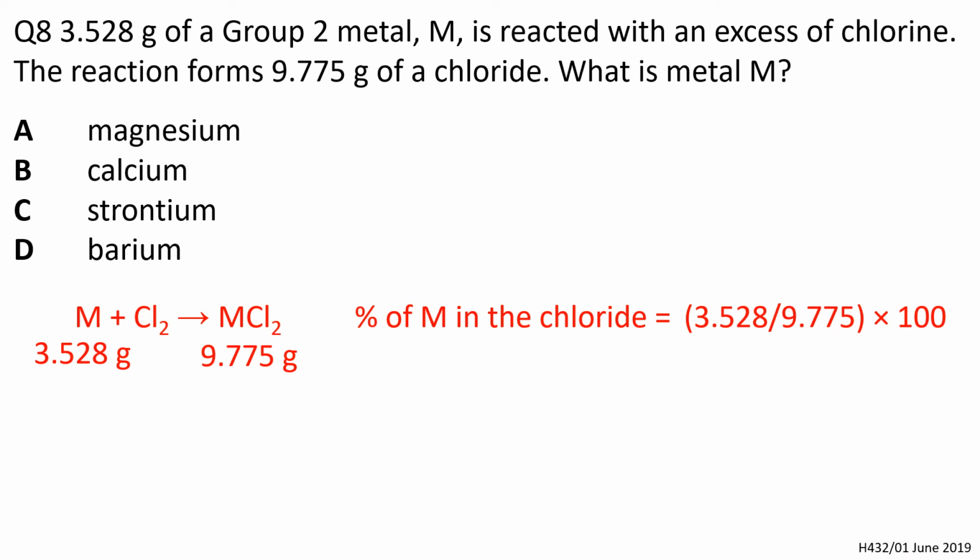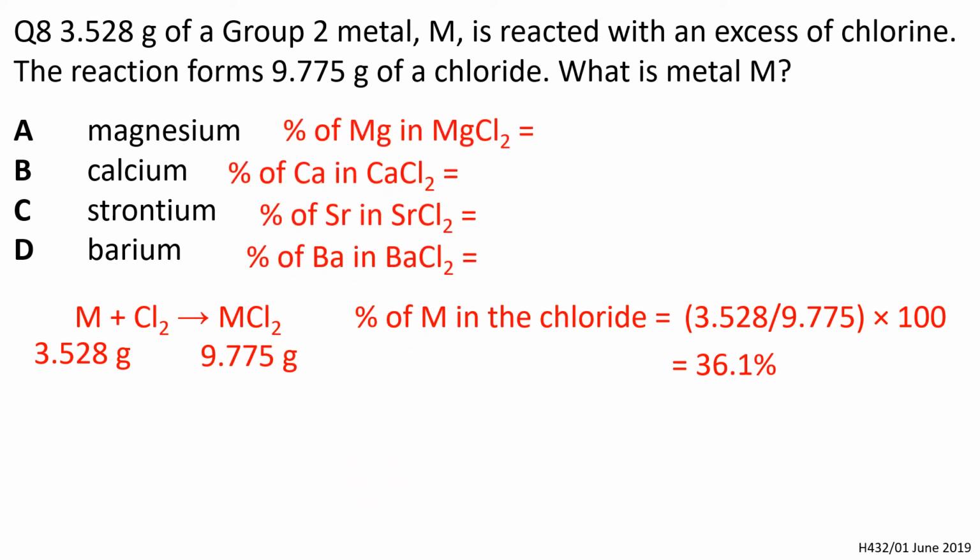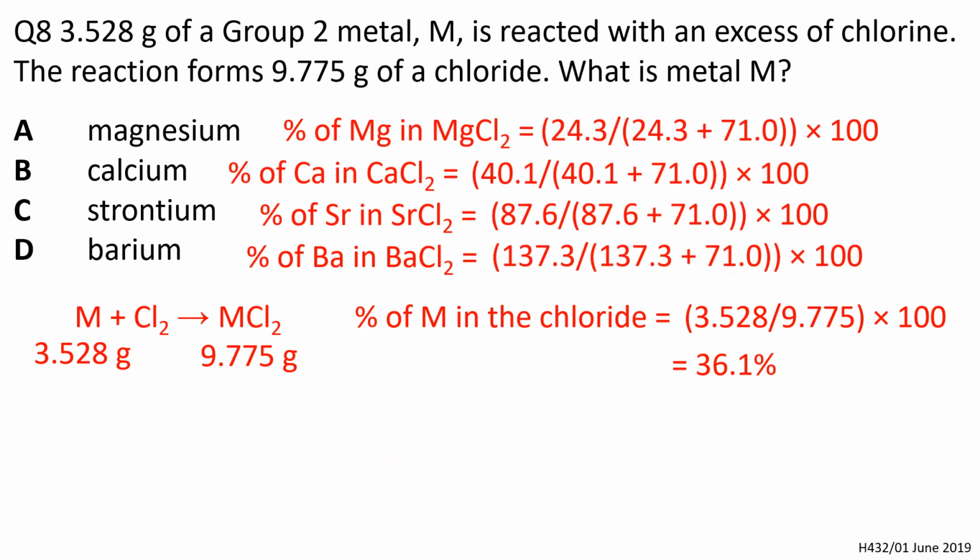The mass of the metal divided by the mass of the metal chloride times 100 gives us 36.1%. So we can apply the same logic to figure out, well, what is the percentage of magnesium in magnesium chloride? What is the percentage of calcium in calcium chloride, etc.? So you can work those out, and there's the calculations if you want to try it.